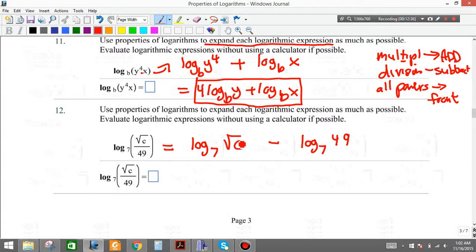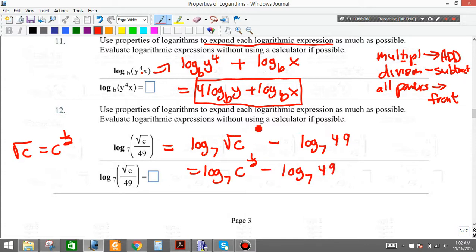Now, the other remark is, mimicking bringing this 4 in front, this square root symbol is kind of weird, but we remember that the square root of a number is just that number raised to the 1/2 power. So really, this is just log base 7 of c to the 1/2, and that is a power, and we have to bring it in front. And so using that all powers come to the front, this is equal to 1/2 log base 7 of c minus, and again, this number does not stand alone.